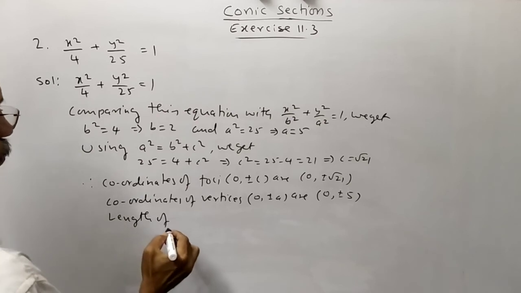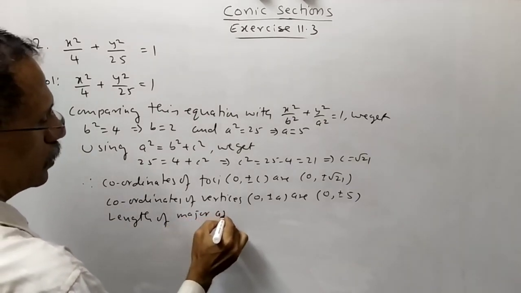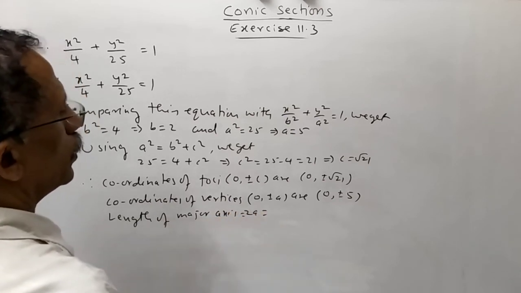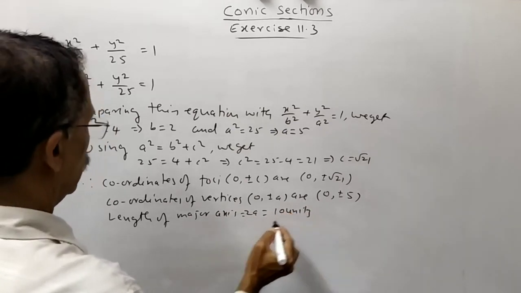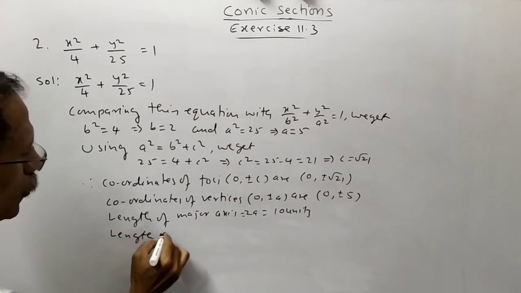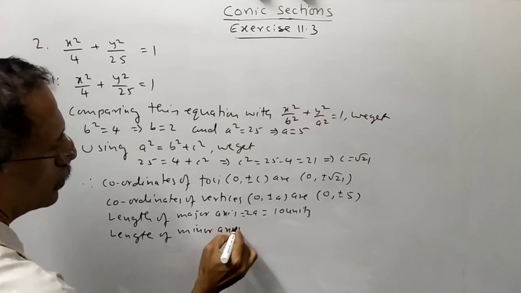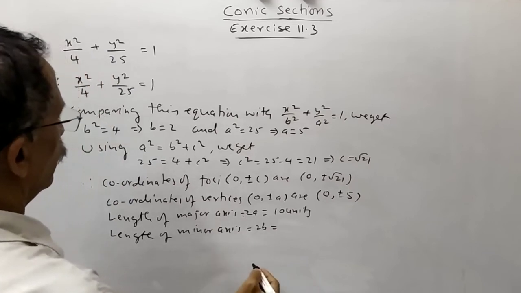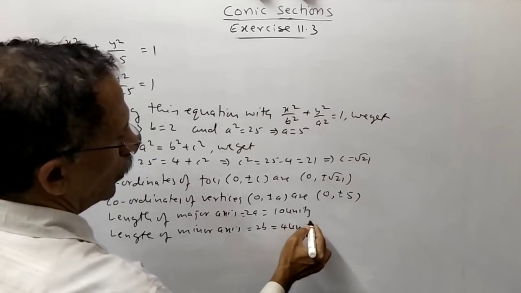Length of major axis is equal to 2a is equal to 10 units. Length of minor axis is equal to 2b is equal to 4 units.